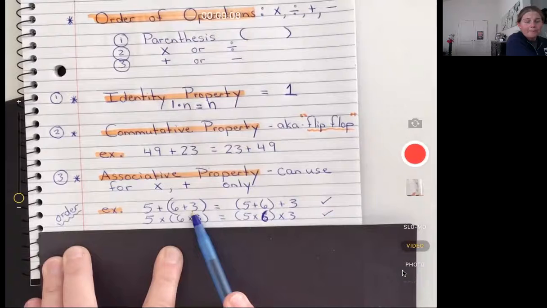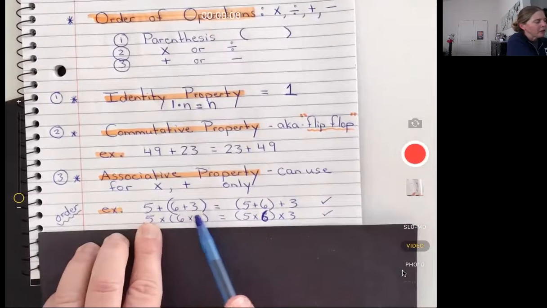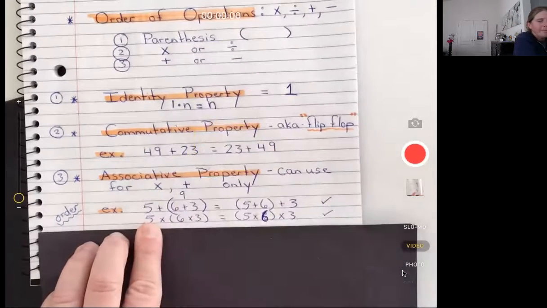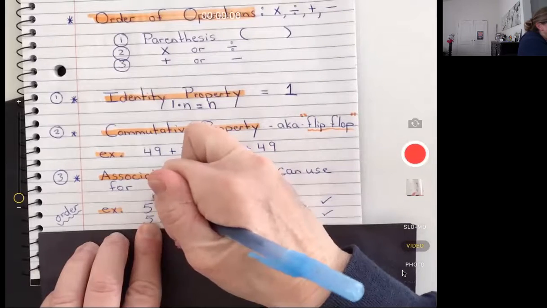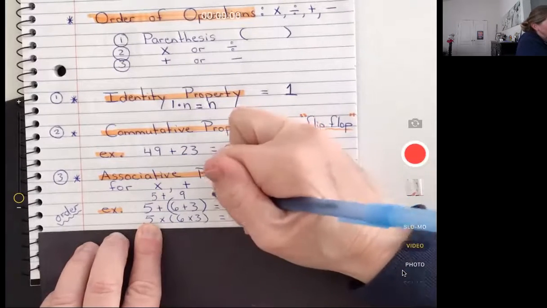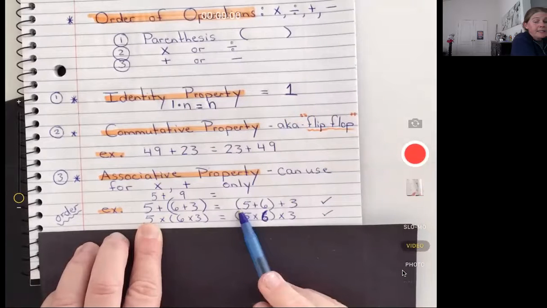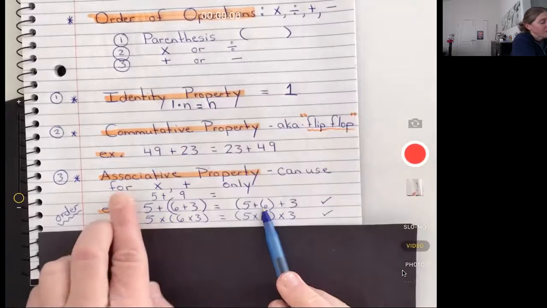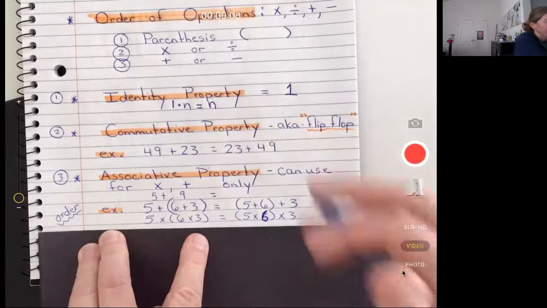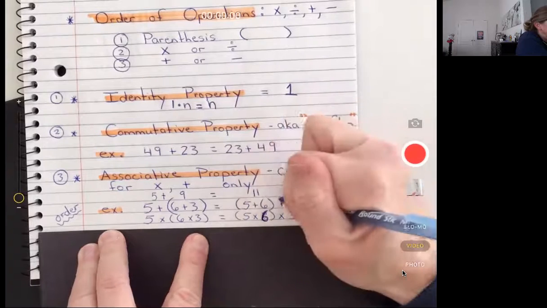So in this top equation, I go to 6 plus 3, that's 9. And then I would add the 5. 5 plus 9 is 14. So let's see. If the parentheses got switched because of the associative property, now my order, I do 5 plus 6 first. That makes 11.